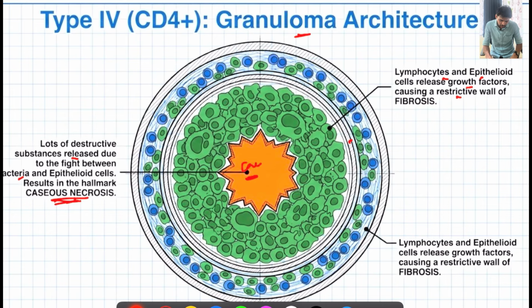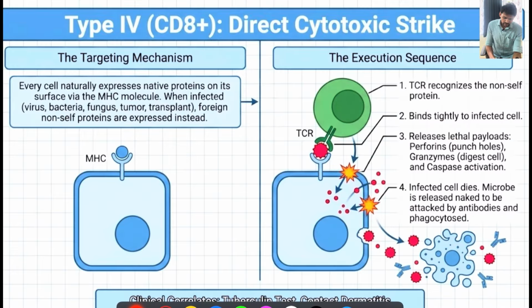So in the structure, there will be caseous necrosis surrounded by a restrictive wall of fibrosis, and surrounding lymphocytes and epithelioid cells. Sometimes they appear too huge, which we call giant cells. These are all the pathological hallmark features of granulomatous reaction.